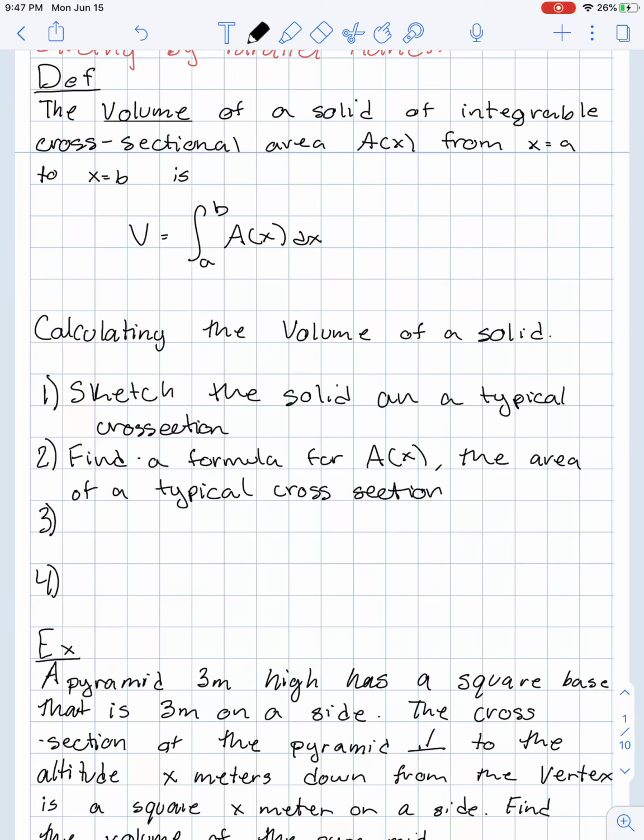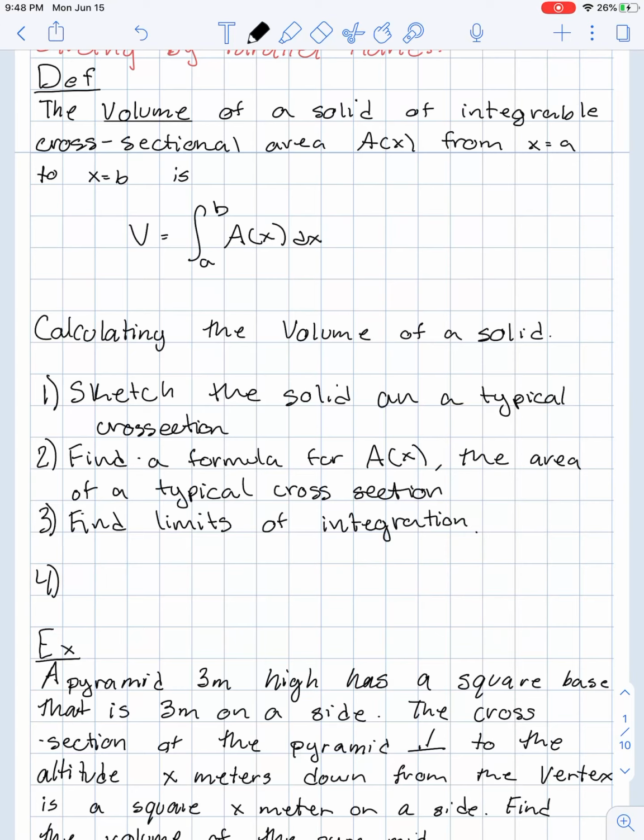And third, we're going to find our limits of integration, if we're not told them, of course. Remember last section when we were talking about limits of integration, we talked about how for the area between two curves the points of integration are sometimes not given.